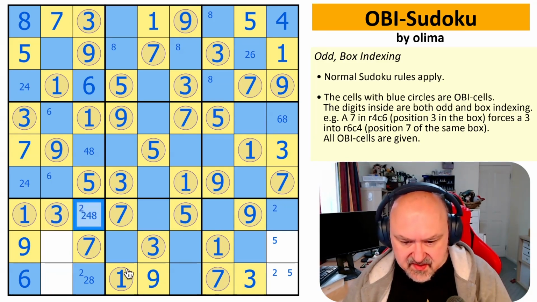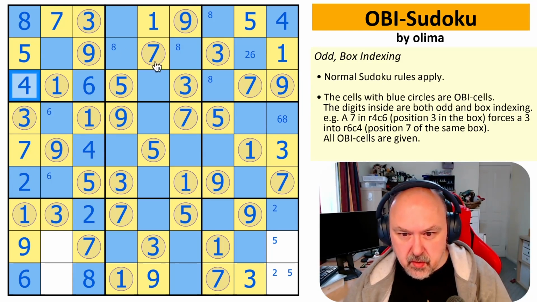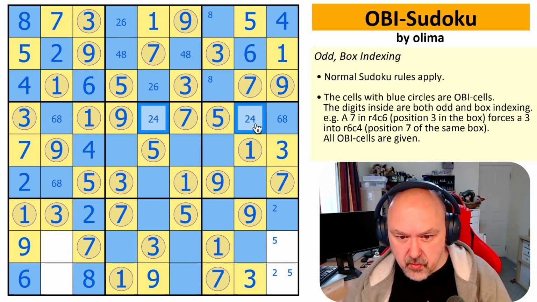That 3 makes that 2, which makes that 8 and that 4, which makes that 2 and that 4, which makes this a 4-8 pair, which makes this a 2-6 pair. This is a 2. This is a 6. This is a 6-8 pair, which means these are 2 and 4.